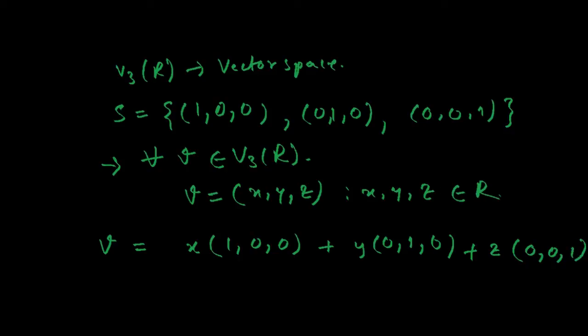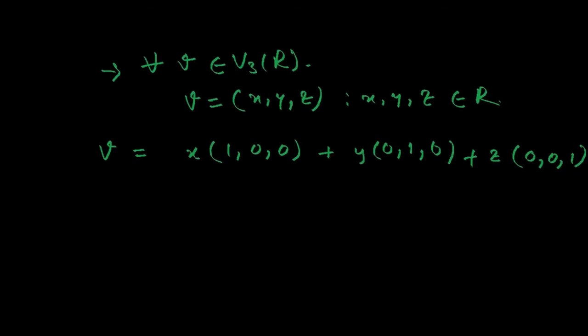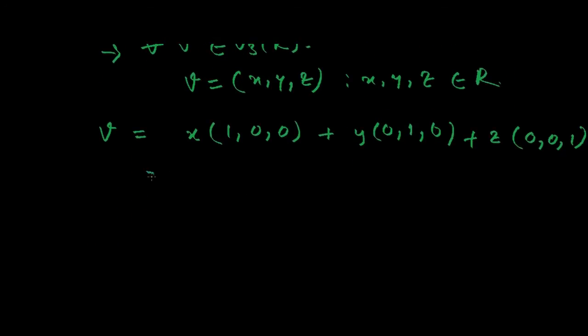Okay, so what are we looking at? It is nothing but x times the first element of the subset S, plus y times the second element, plus z times the third element, right?